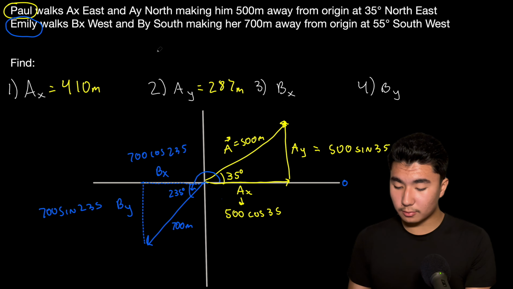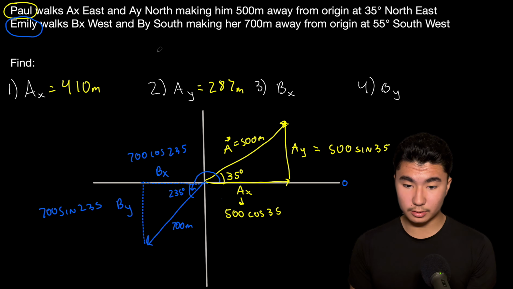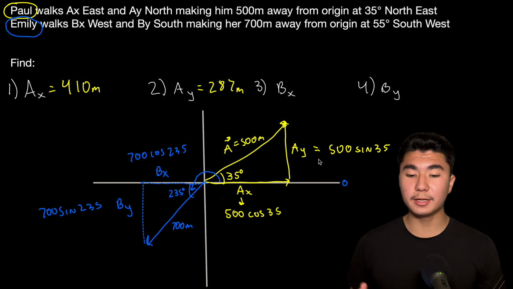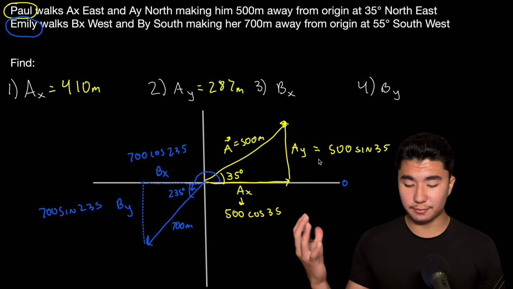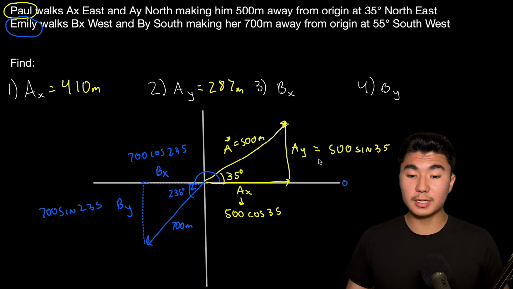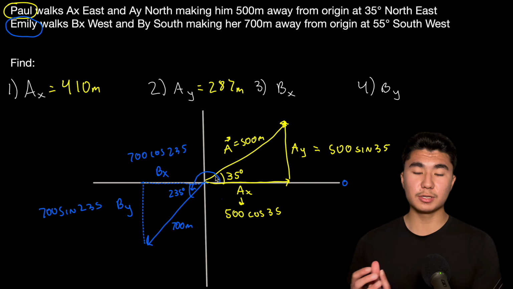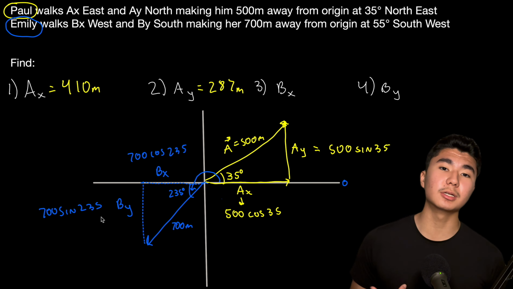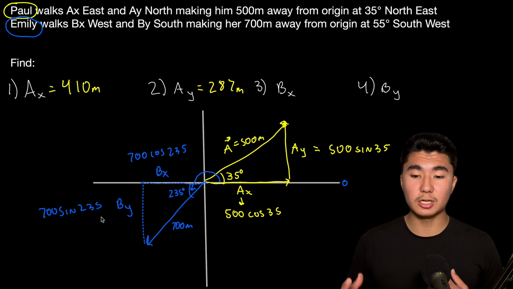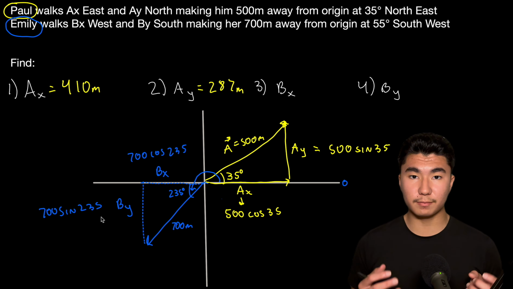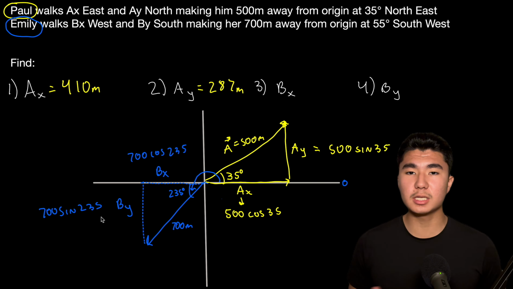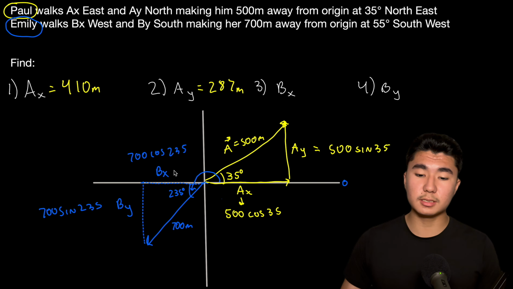When we do that, we'll do the cosine first. 700 cosine 235. Now, you will see that you're going to get a negative number, but this is only because we're in the opposite direction. We're saying that east is our positive direction, so west is a different direction opposing it, so it's going to be negative. So this is saying that we're negative 401 meters east, which literally just means we're 401 meters west.